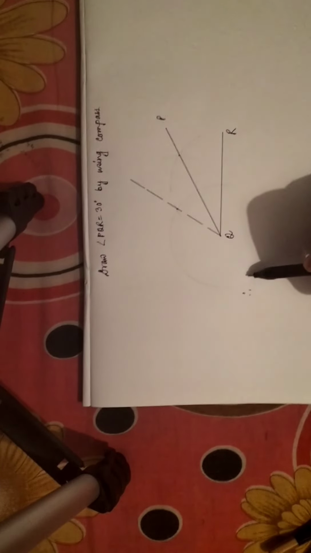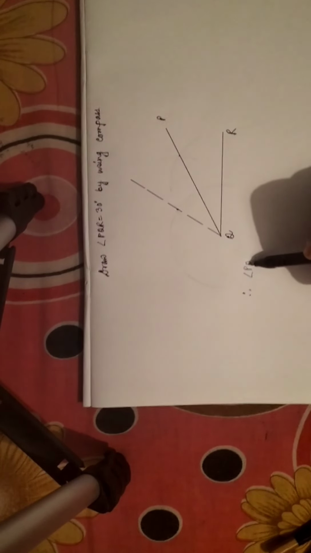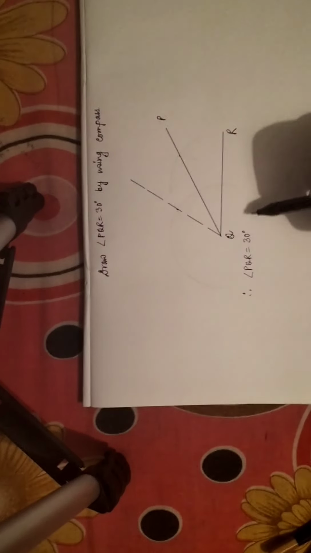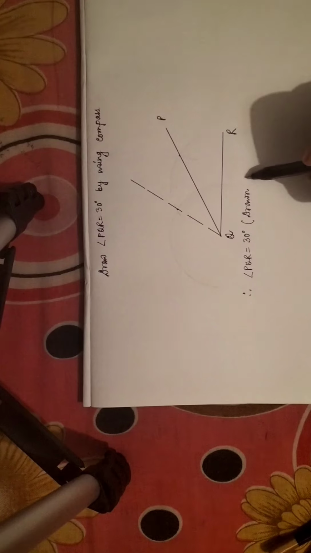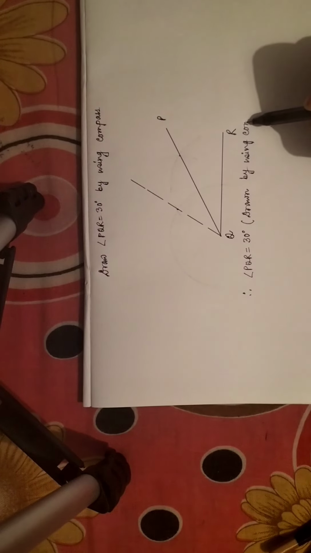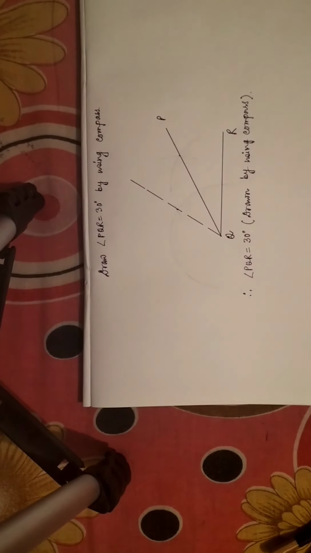So angle PQR is equals to 30 degree is drawn by using compass, or you can write scale and compass, and hence the 30-degree angle is formed.